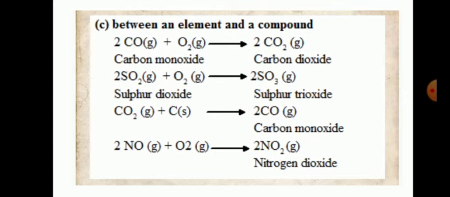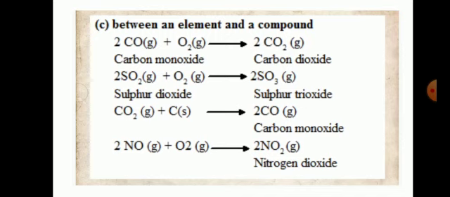Now let's see case 3. Case 3 can be between an element and a compound. So we are combining an element and a compound to get a product. For example, 2CO plus O2 will give you 2CO2, that is your carbon dioxide. And secondly, 2SO2 plus O2 will give you 2SO3, that is your sulfur trioxide.